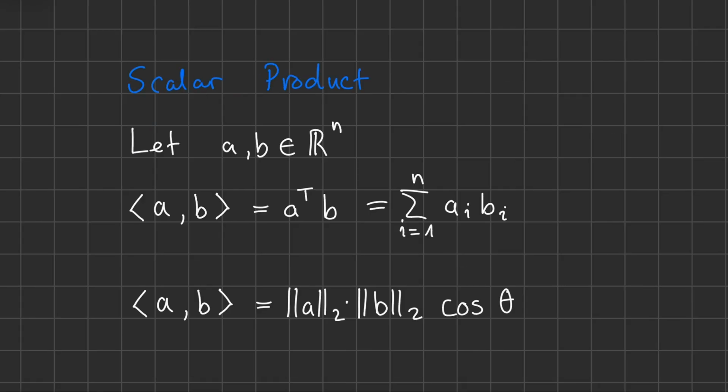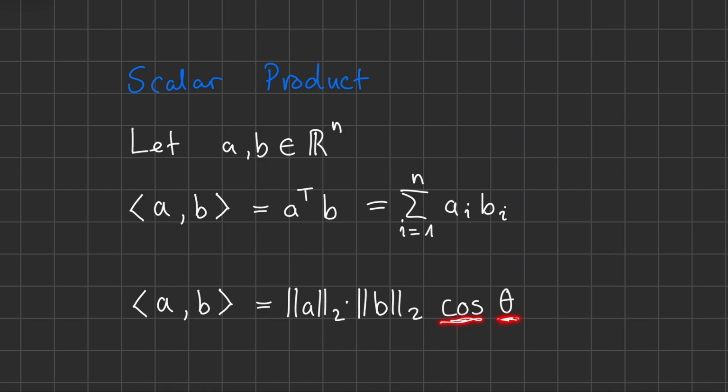Now there is a further definition for our scalar product, a geometric definition, which also gives us some better insight into what it means for vectors to be orthogonal. Here we can see that the scalar product of a and b is equivalent to the length of a, so the L2 norm, which we just looked at, multiplied with the L2 norm of b, multiplied with the cosine of the angle.